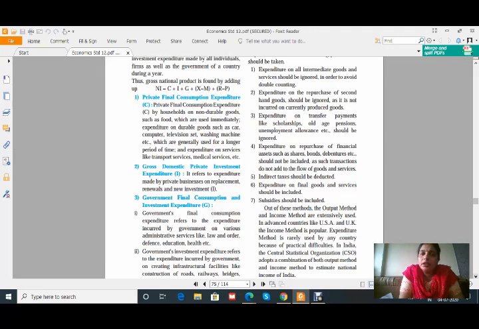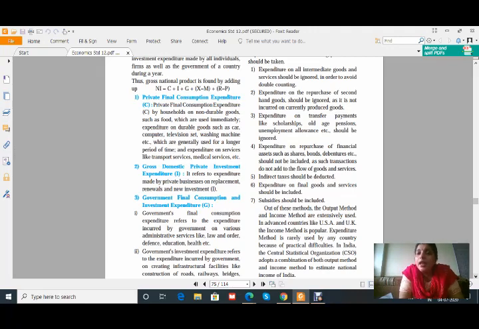again the second hand goods, because in the national income already the cost of final goods and services is included. So in case of second hand sales or second hand goods, already it is included, so this should be avoided while calculating the national income. Then the expenditure on transfer payments, scholarship, old age pension, it is also not to be taken into consideration while calculating the national income.